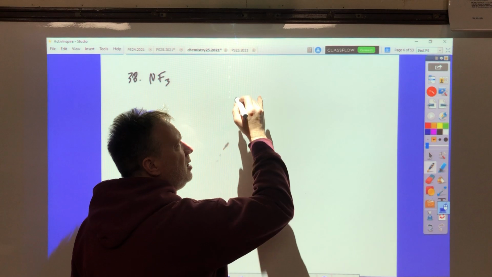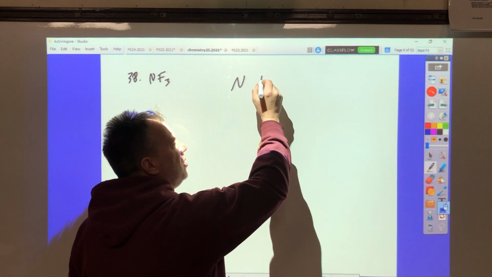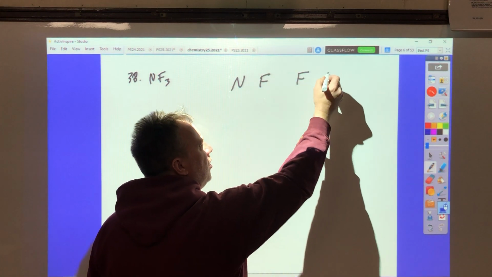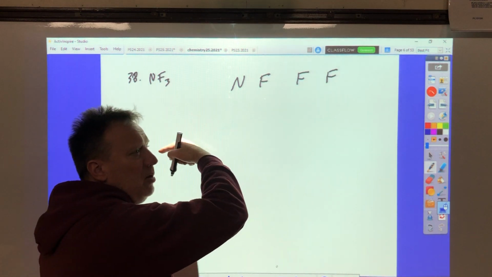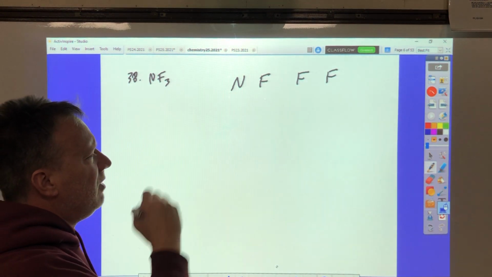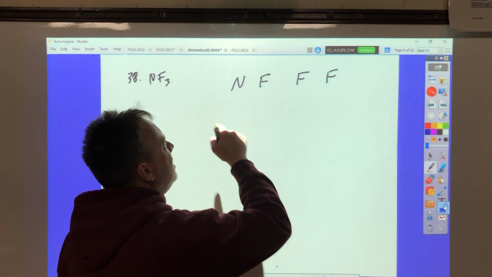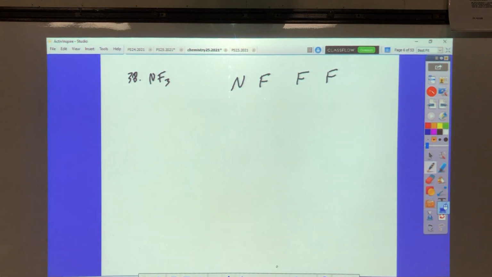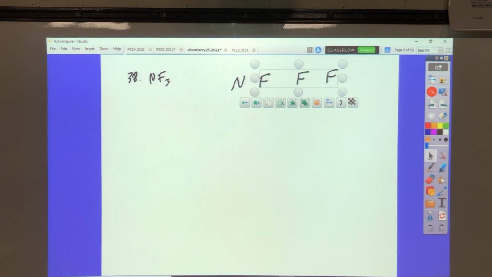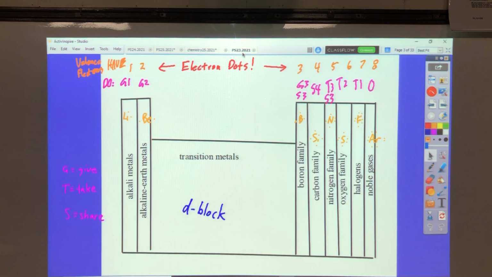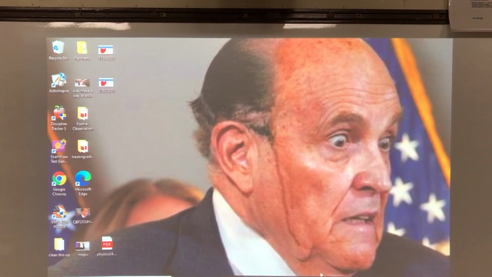Okay, so the first thing is you write down what you have. We've got a nitrogen, a fluorine, a fluorine, a fluorine. Go back to those rules. The next thing is give everybody their electrons. Nitrogen is in the fifth family, has 5. Fluorine is in the 7th, has 7.